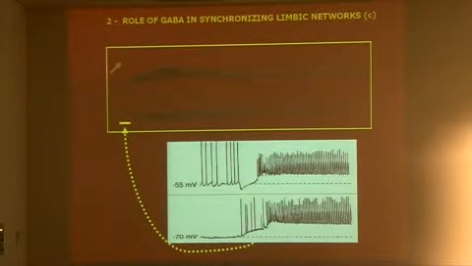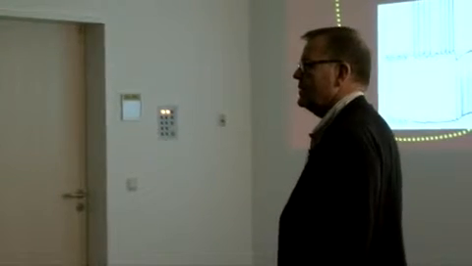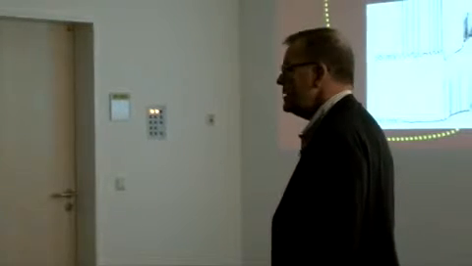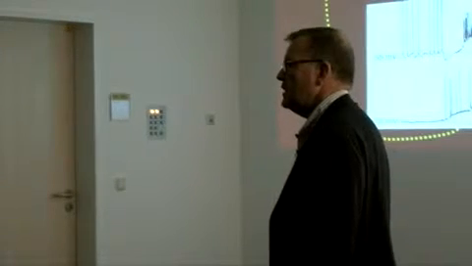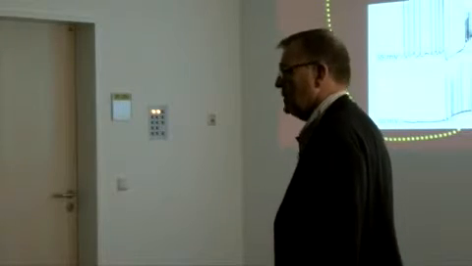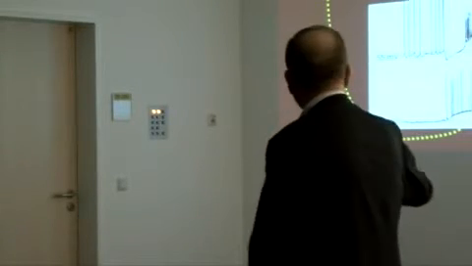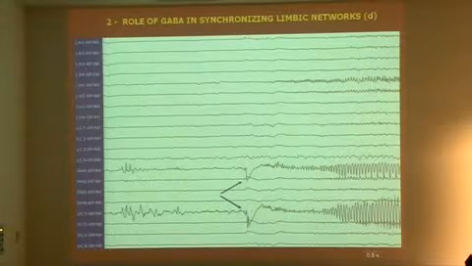And what you see here is that, in fact, the ictal discharge is preceded by a hyperpolarization, presumably due to the activation of GABA receptor, suggesting that GABA may be instrumental in initiating the ictal discharge. If you have a question, please interrupt me.